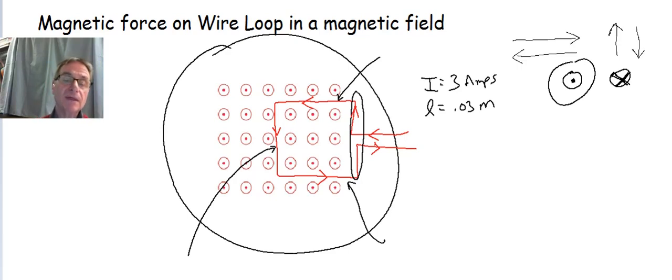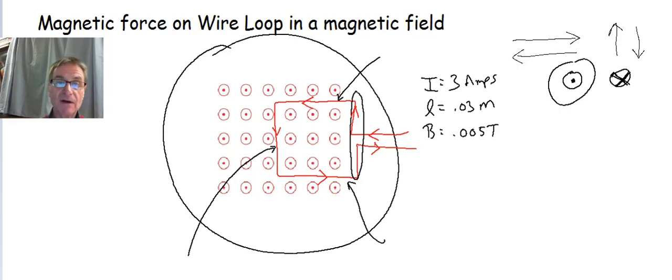And the strength of the magnetic field is going to be 0.005 Tesla, or 5 times 10 to the minus 3 Tesla. Okay, what we want to know is what the net force is on the wire loop. All right, because we have 3 pieces of wire that are actually in the magnetic field, and all 3 are perpendicular to the magnetic field.